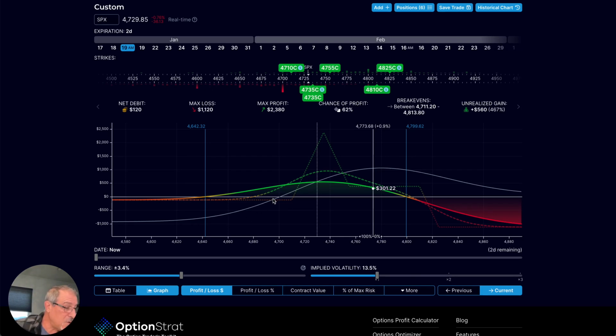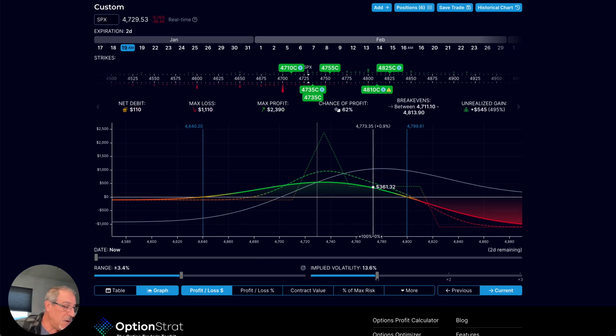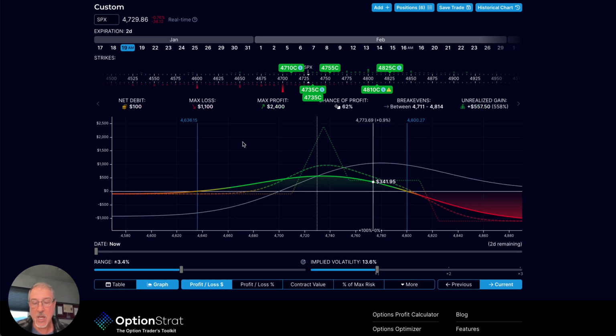I've also largely reduced my downside risk, and I shifted my downside risk to the upside. So I'm basically saying at this point that I don't really think our market's going to go above 48.10 by Friday. That's essentially what I'm saying if I'm willing to take on a position like this.